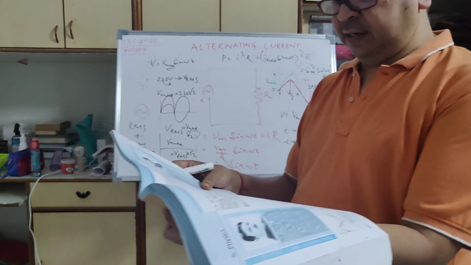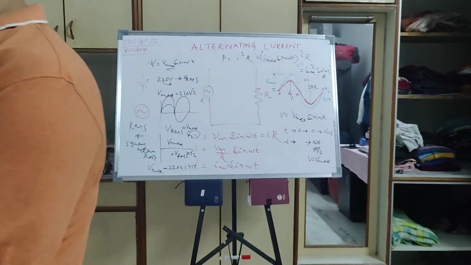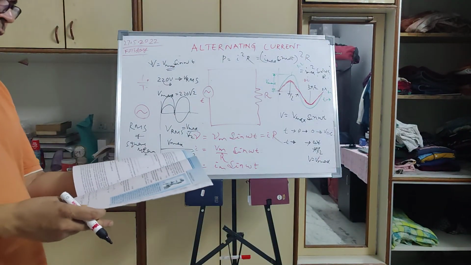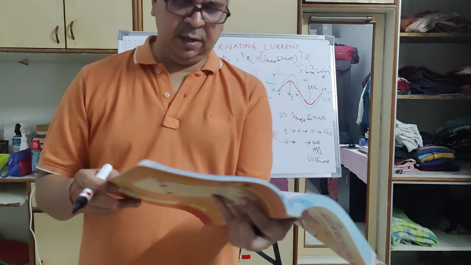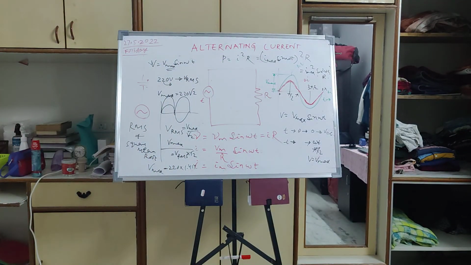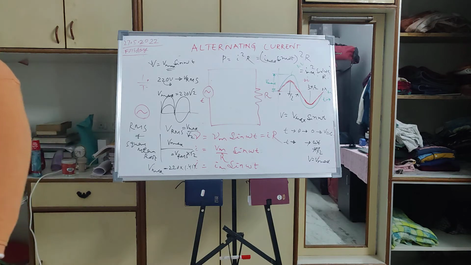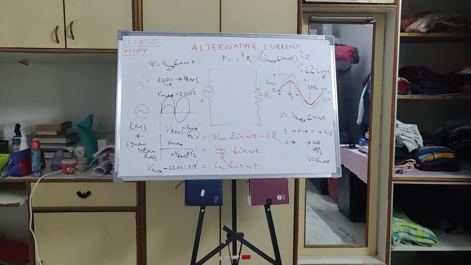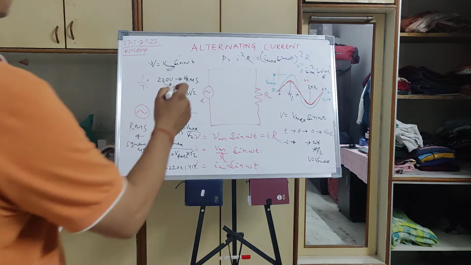It is written here what I have discussed already related to RMS. To express AC power in the same form as DC power, a special value of current is defined and used, which is called root mean square current, RMS.